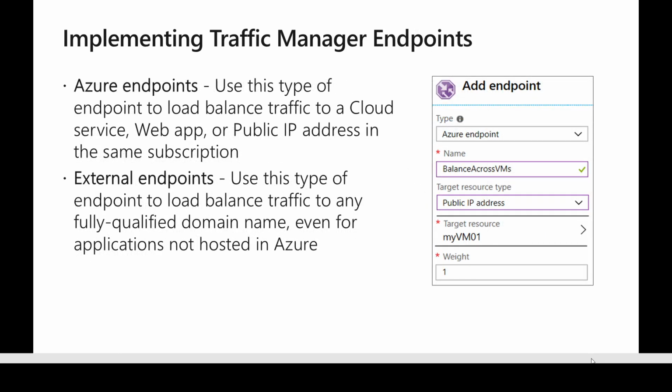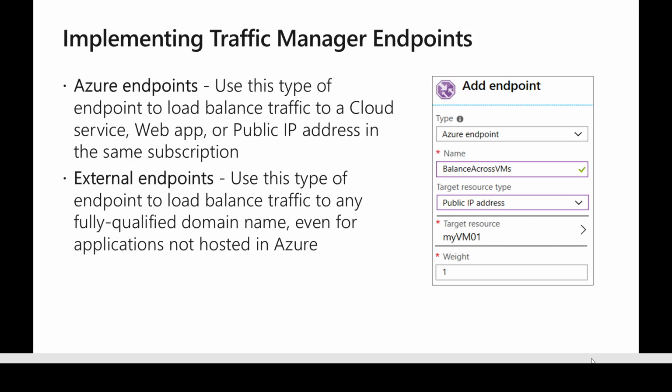Once we create the traffic manager profile, we have to add the endpoint, and there are two different endpoints which we can use. One is Azure endpoints and another is external endpoints. So we need to use Azure endpoints if we want to use the backend as either the Azure Cloud Service or Azure Web App or some public IP address in the same subscription.